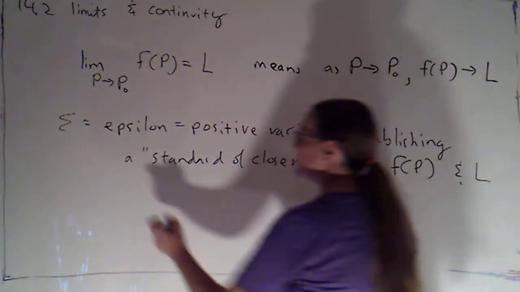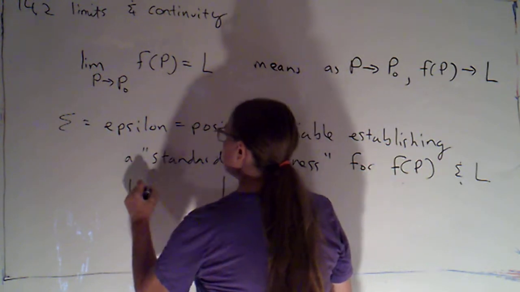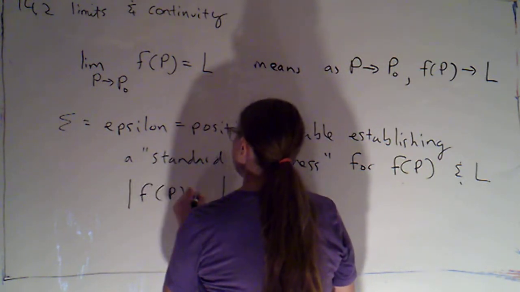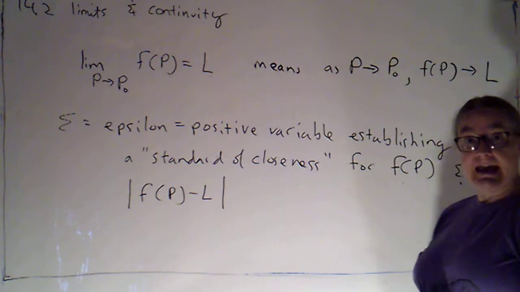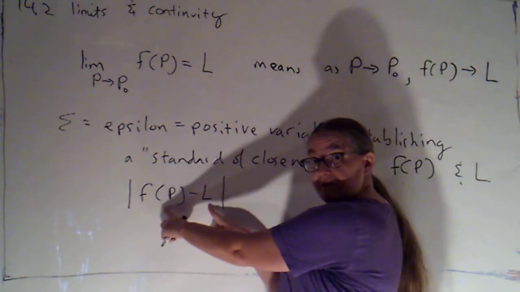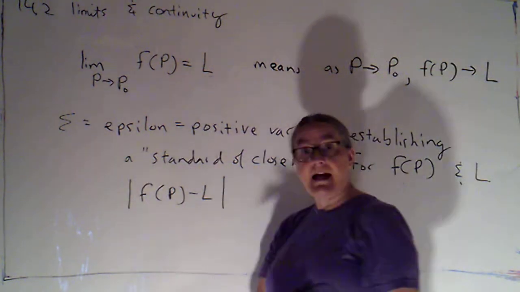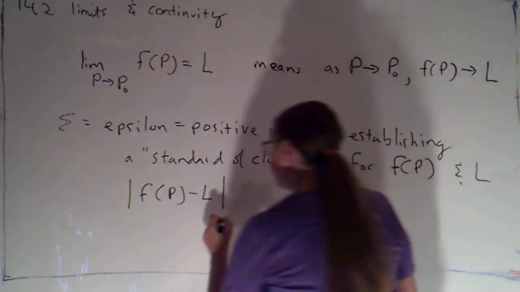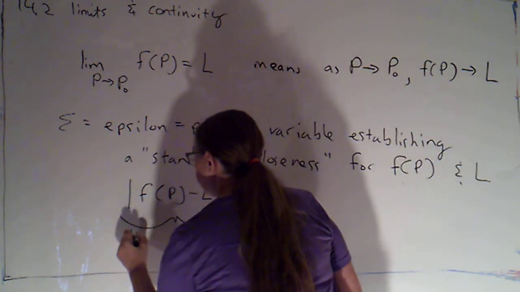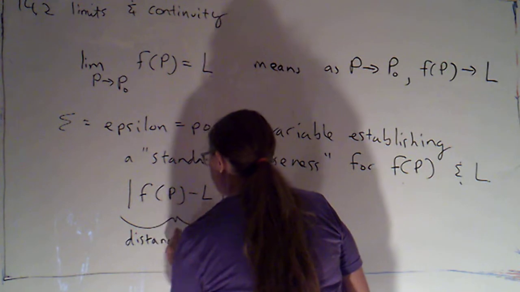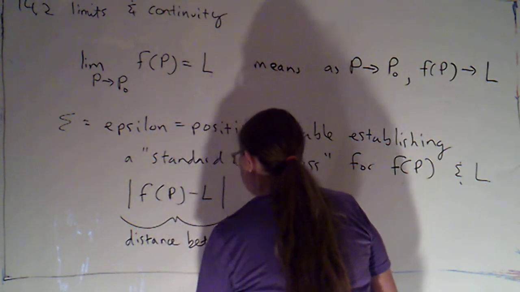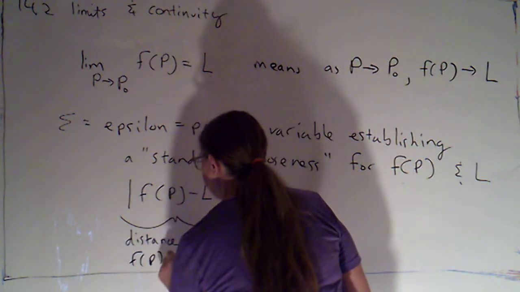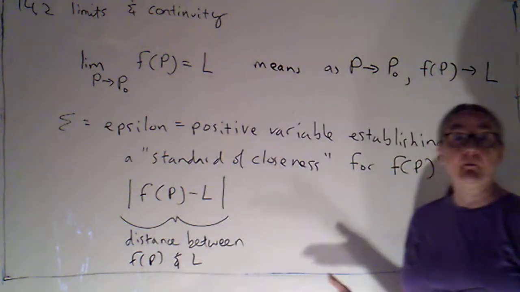Okay, so the absolute value of f of p minus L, now these are just real numbers, so the absolute value of this difference is just the distance between f of p and L, and that would be on a number line.